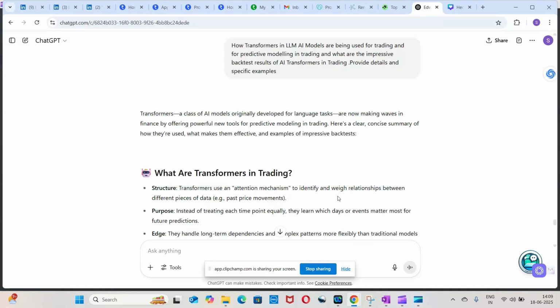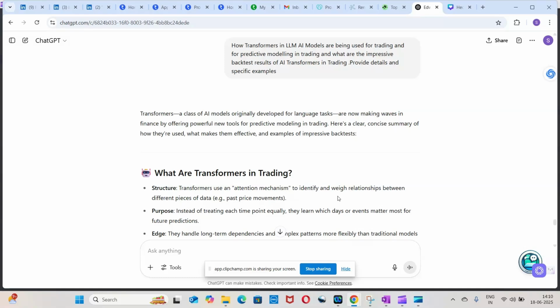So, what are these transformers? Transformers are a set of AI models originally developed for language tasks. Basically, once you give them input data, they go through the words or sentence patterns that weigh more and matter more, and then predict the future words or sentences in language models.